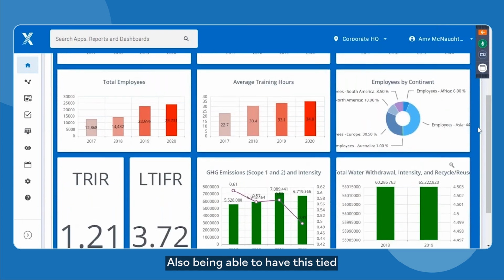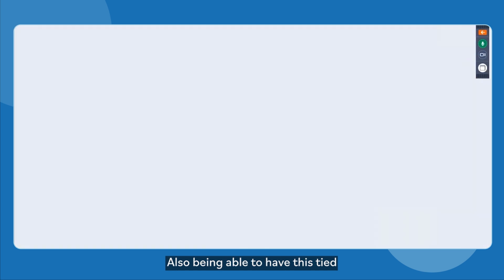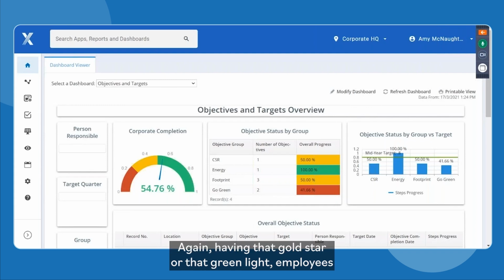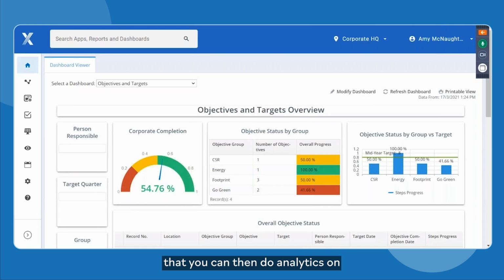Also, being able to have this tie to an overall objective or target. Again, having that gold star or that green light, employees want to see how far they are along at maybe reaching a target. And having these be a positive target is definitely impactful and can help your employees to give you better data that you can then do analytics on.